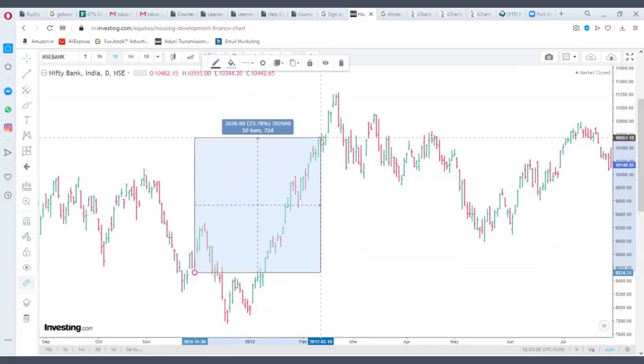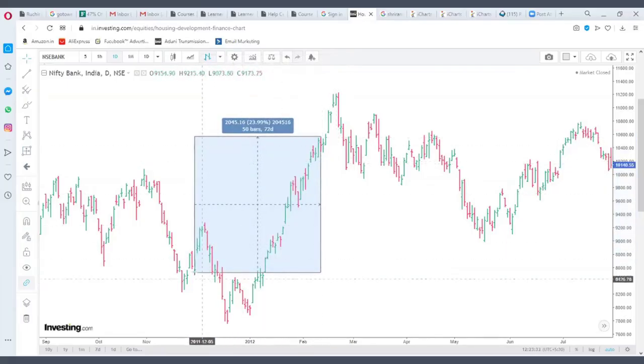So 12th is a weekend, 10th and 13th. So I am taking 10th. It has given around 24%.